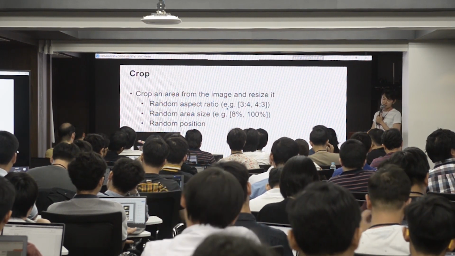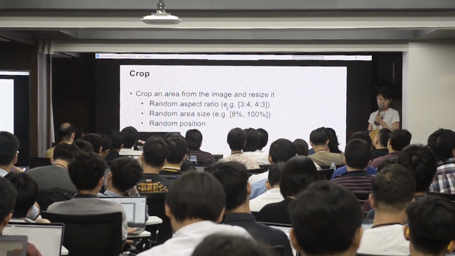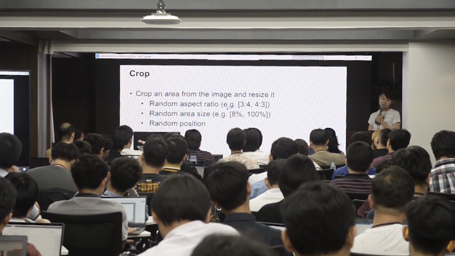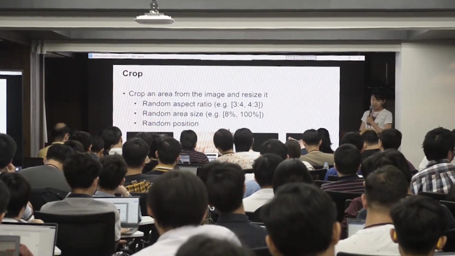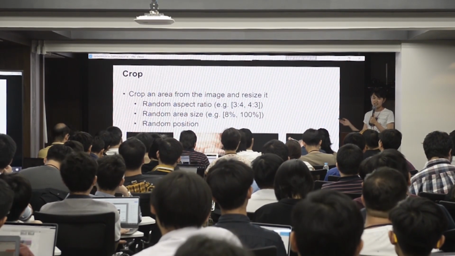We can crop it, with some random aspect ratios, select a random area size, and choose a random position to crop it. So it will be a different part of the cat, but maybe the first and second one is not that cat. Maybe it's a tiger, but we can still say it's a cat, right?